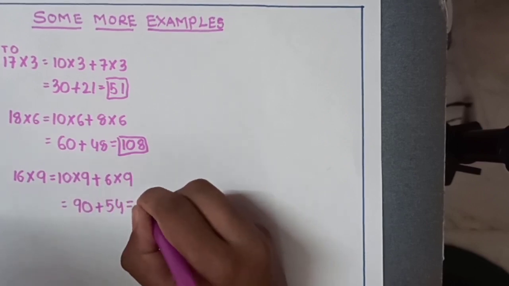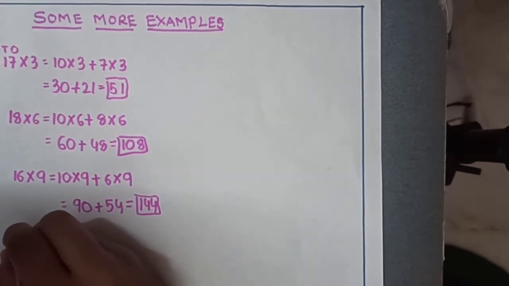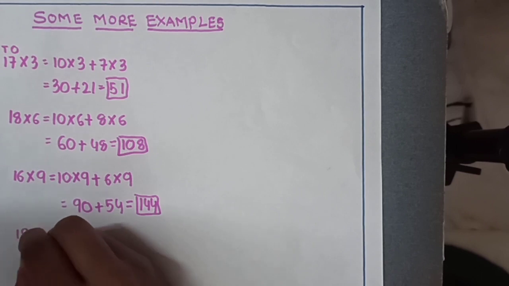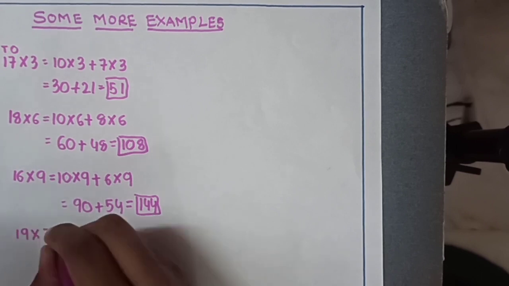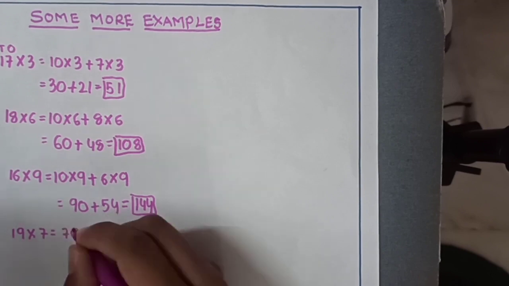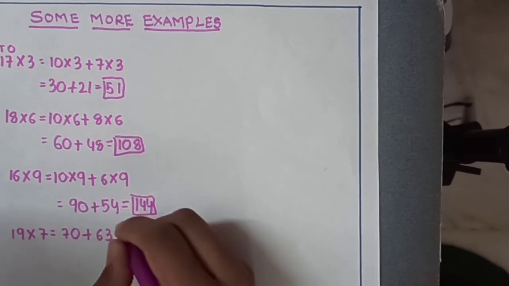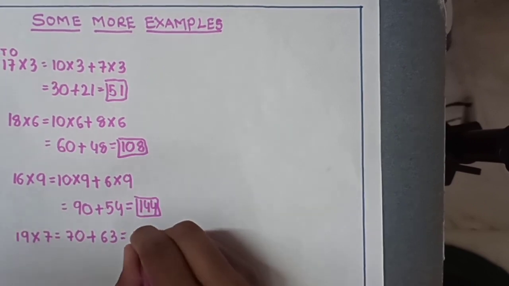The answer we obtained is 144. Next one, 19 into 7 is equal to 10 into 7, 70, plus 9 into 7, 63. The answer we obtained is 133.